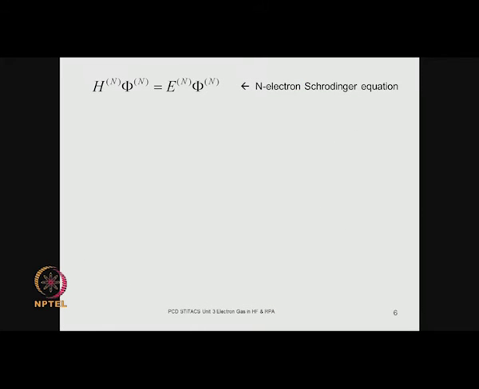So, what we have to do is to solve the Schrodinger equation for the n electron system. Now, we work with determinantal wave functions in the Hartree-Fock formalism, in which you specify the number of electrons occupying each 1 electron quantum state, and that number for fermions is either 1 or 0.